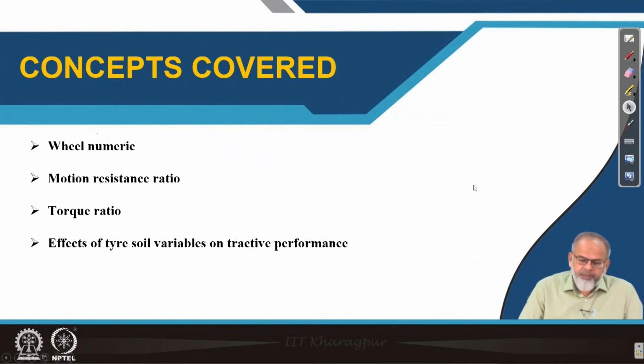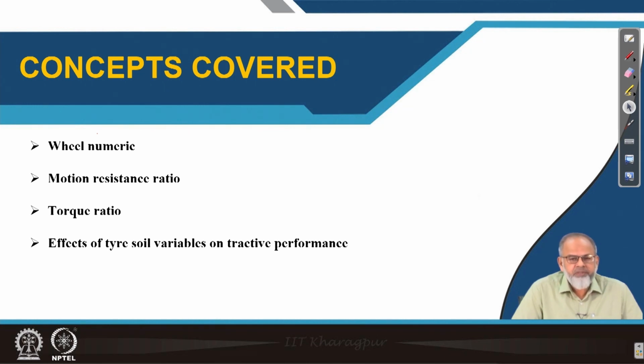So we have basically derived the theoretical equations which will be necessary for developing the tractive effort. But if you look at those equations, they require the distribution of normal pressure and the shear stress distribution. So in the practical field, it becomes really difficult to do that exercise.